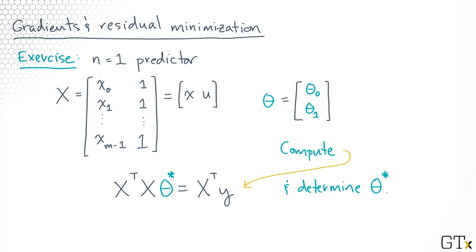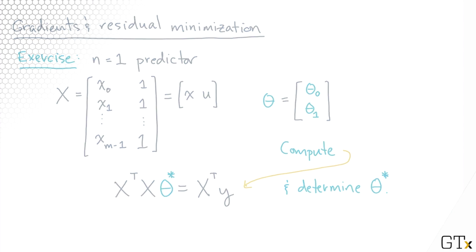Then ask yourself, how does that compare to the result we got from the other lesson where we analyzed the single predictor problem? So to summarize, this lesson was about building foundations, using the gradient for solving the multiple linear regression problem. And because it's based almost entirely on linear algebra, it should, at least in principle, lead to a compact and efficient solution.